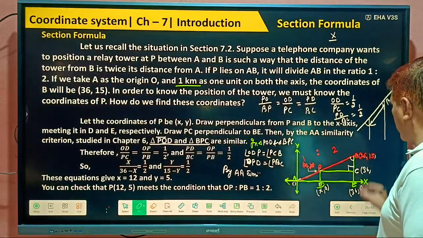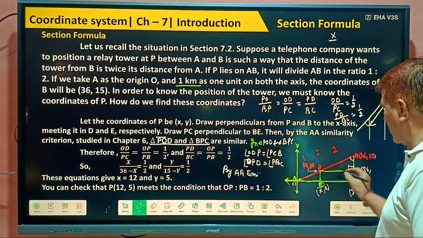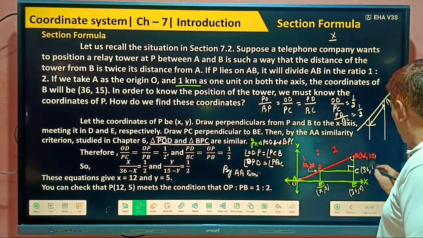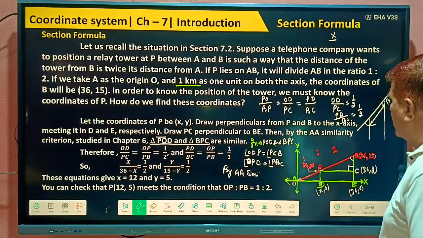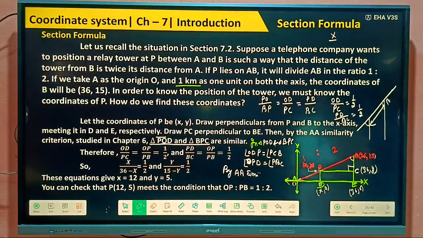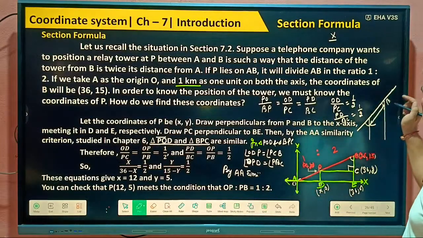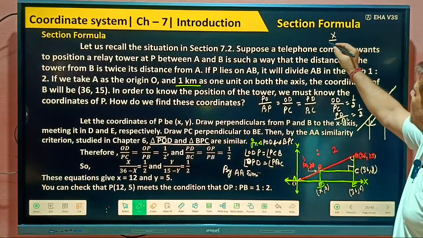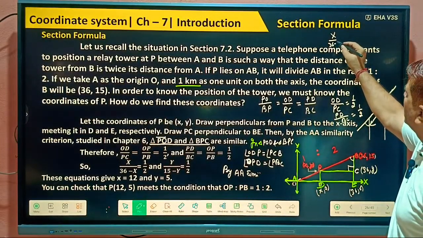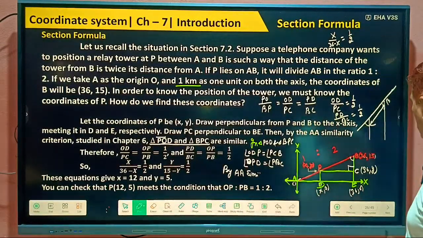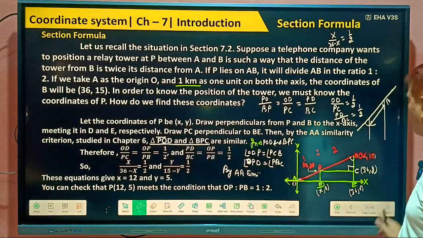And the other, its distance from the x-axis is y. So PC equals (36 minus x, y minus y0). So what does it become? 36 minus x equals 1 by 2. Or we can take the next page.